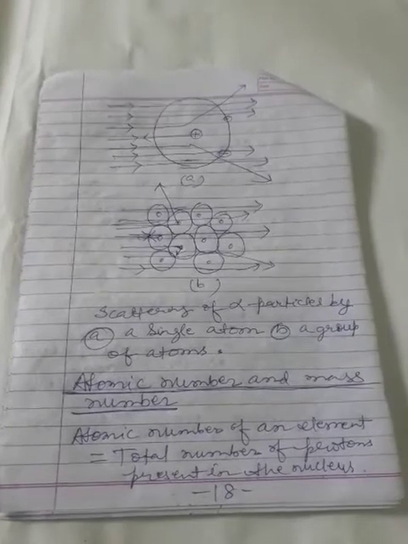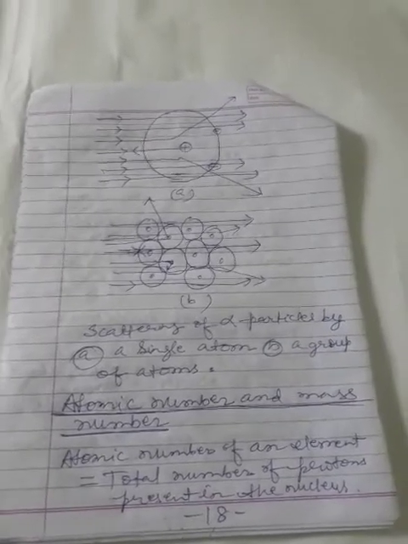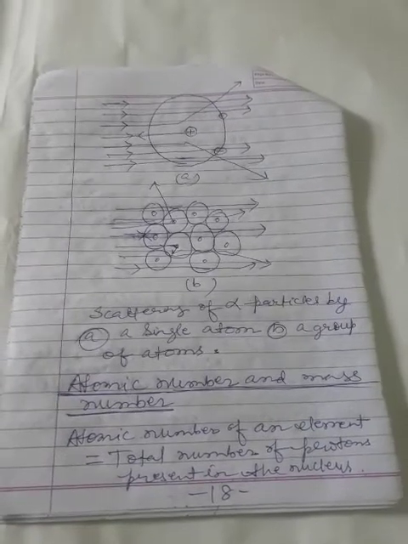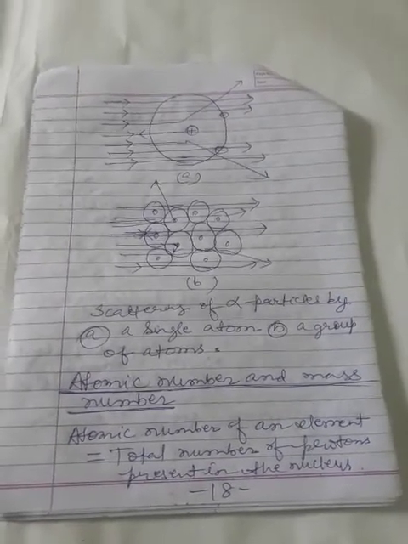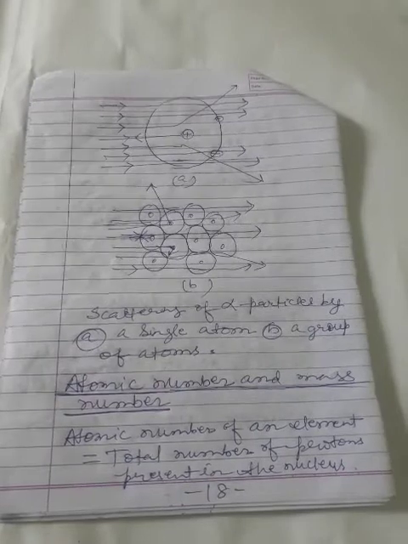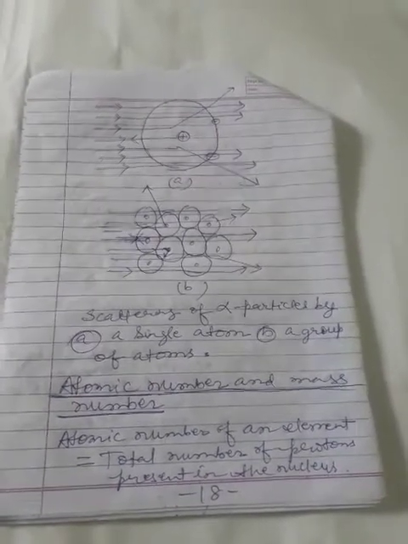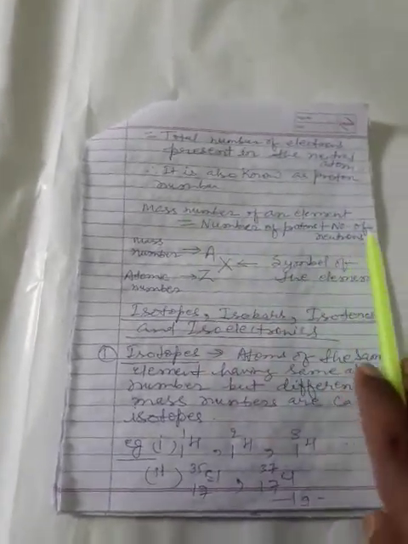So we can define atomic number as the number of protons present in an atom, or the number of electrons present in a neutral atom. Hence it is also known as proton number.